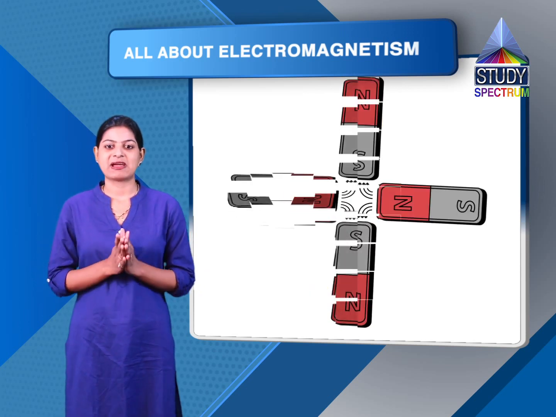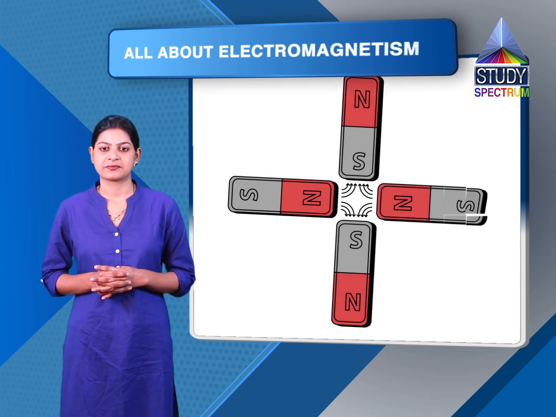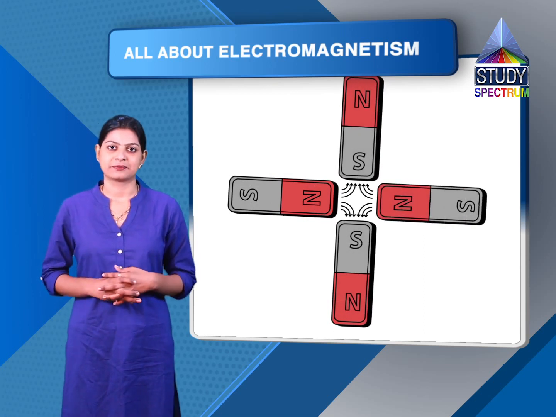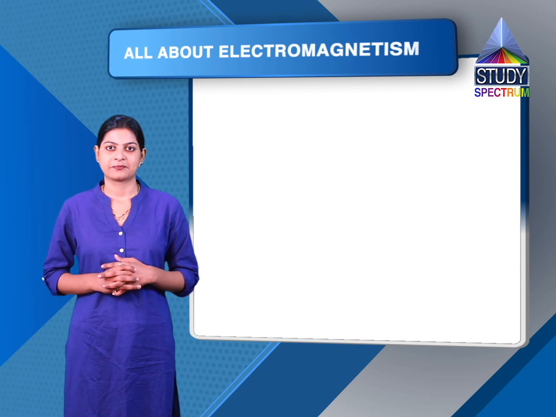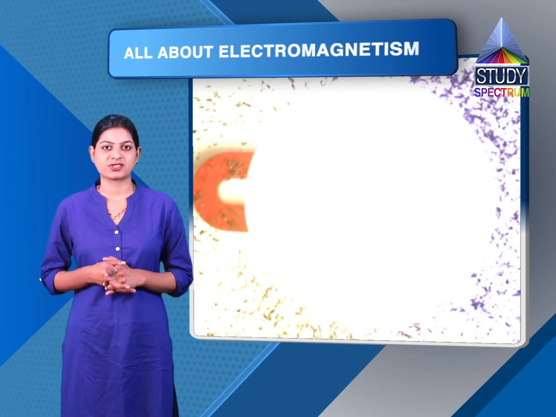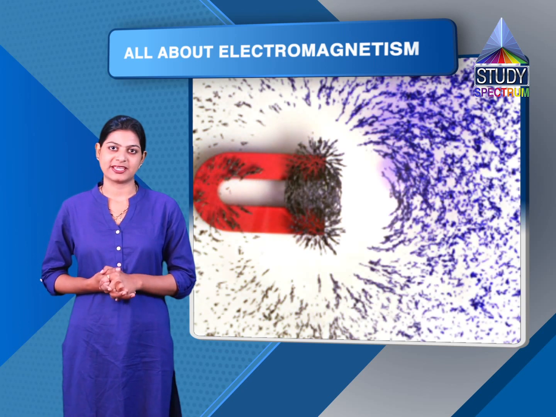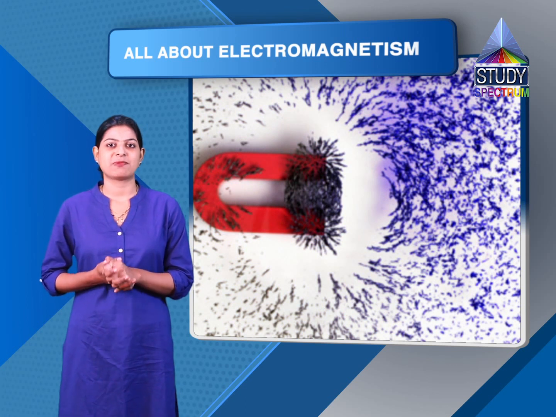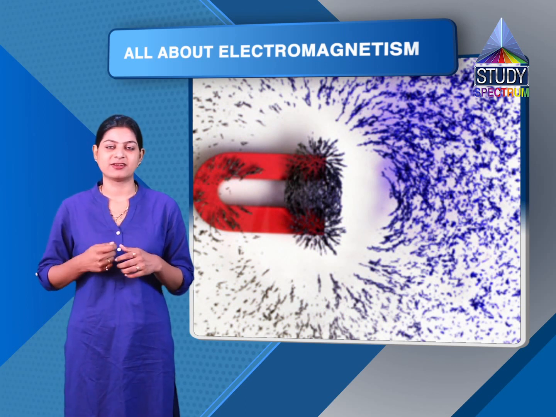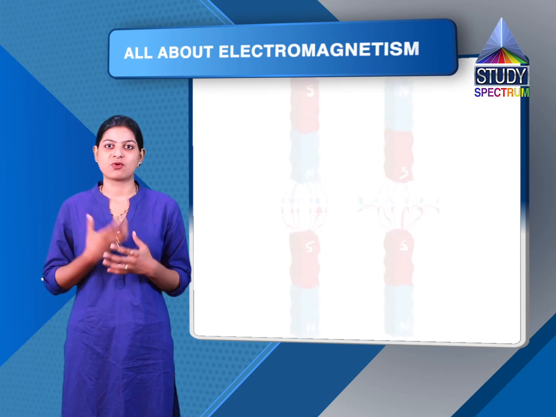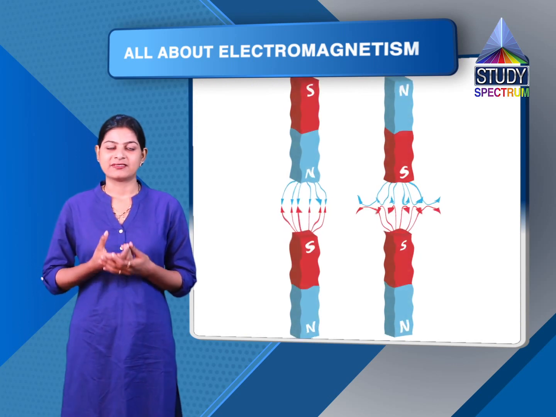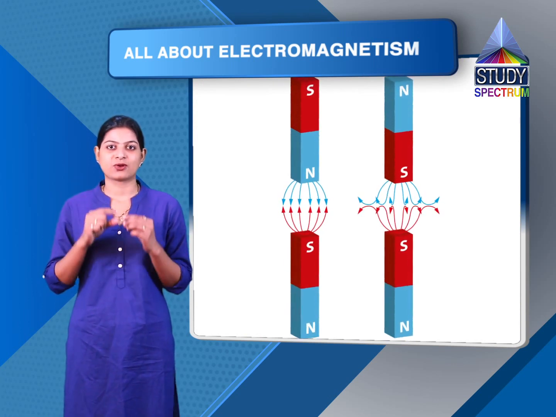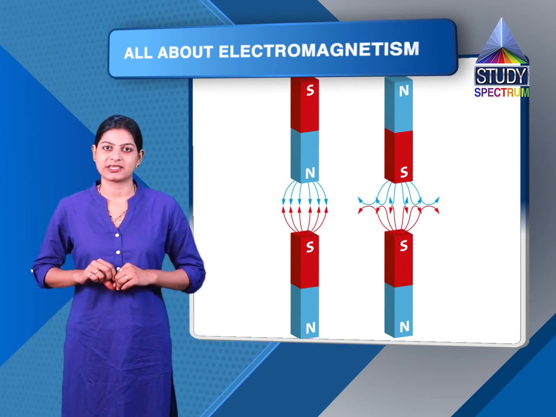The third question: magnetic lines of force always cross each other. This is also false. The magnetic lines of force can never cross each other. Wherever there is a stronger magnetic field, they can be very close to each other, but they cannot cross each other.